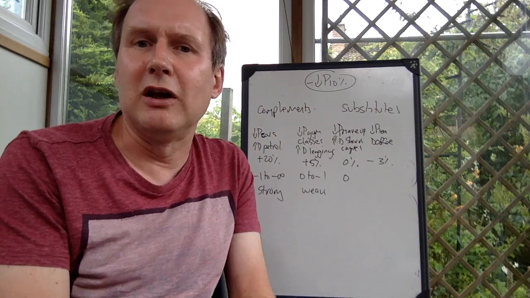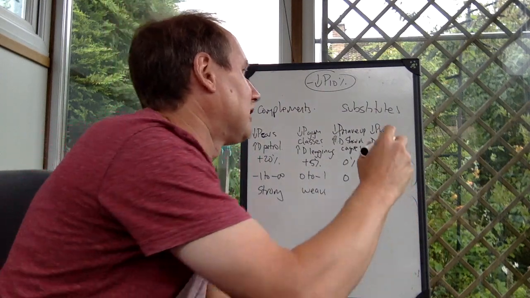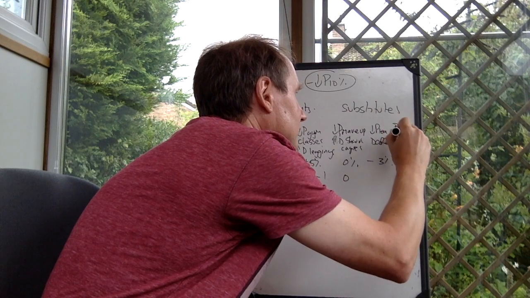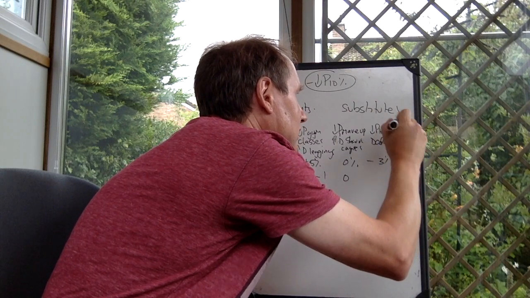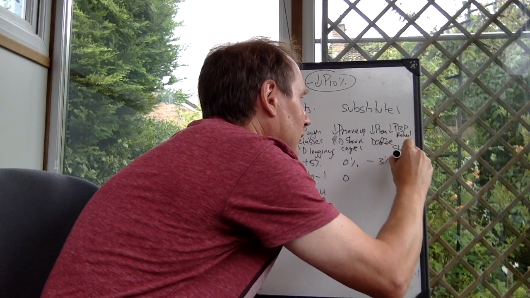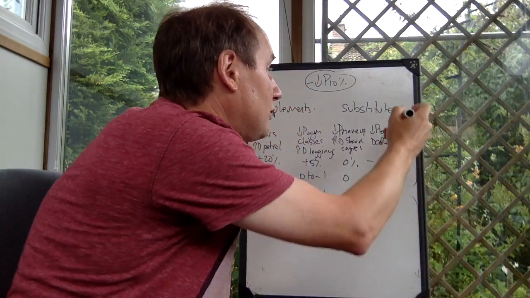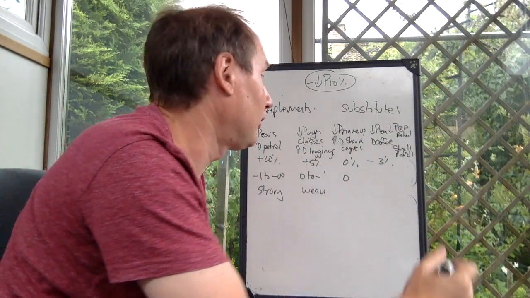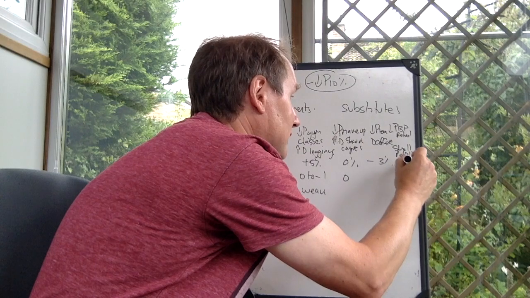Whereas you might say two products that are very strongly related might be the price of BP petrol. Suppose there's a decrease in the price of BP petrol, then people will switch away from Shell towards BP. There'll be a big decrease in the demand for Shell petrol. It might be 15% or something.